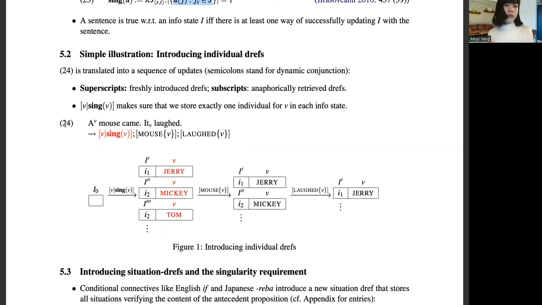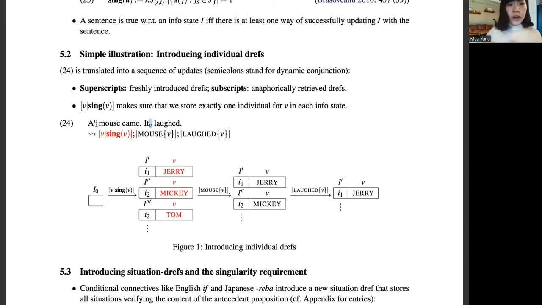And obviously it refers to a mouse here. So I'm going to follow the convention in the literature by using superscripts like this one to represent freshly introduced discourse referents. And I'm going to use subscripts to represent anaphorically retrieved DREFs. In this case, it refers to the DREF introduced by the indefinite article.